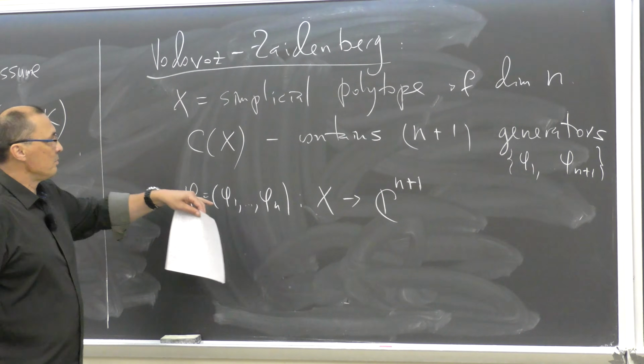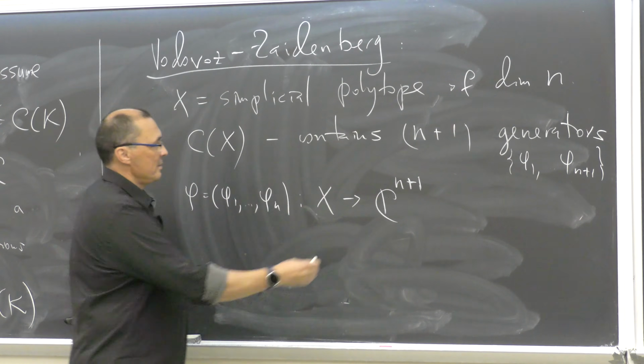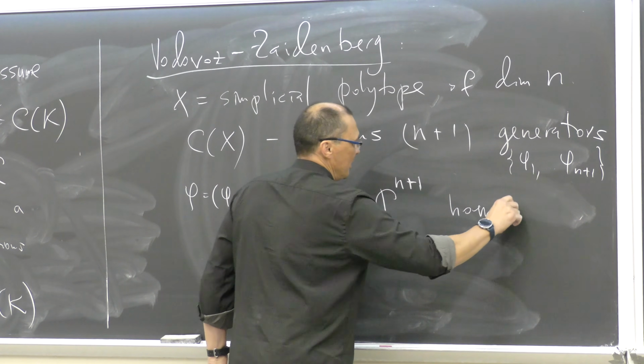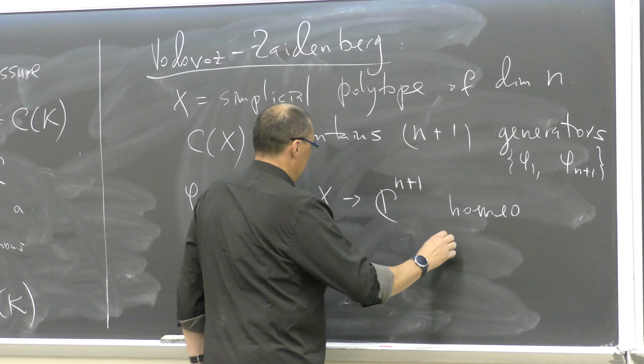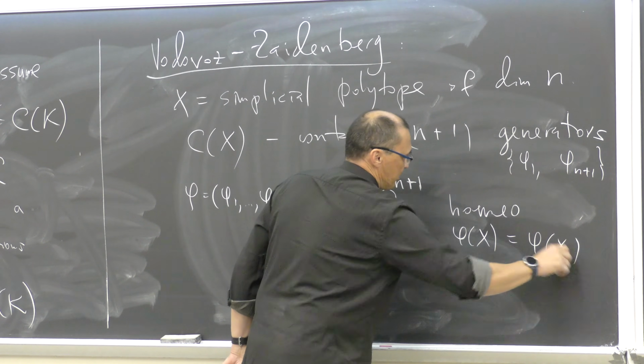And from the fact that these are generators, you can conclude that this is a homeomorphism, and the image is polynomially convex.